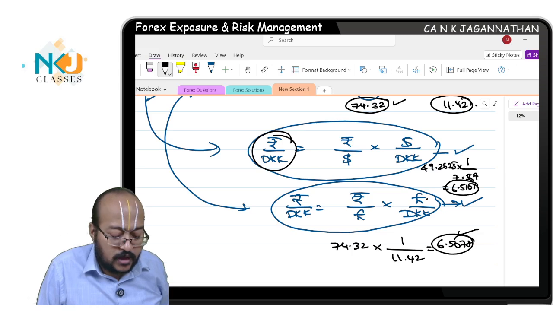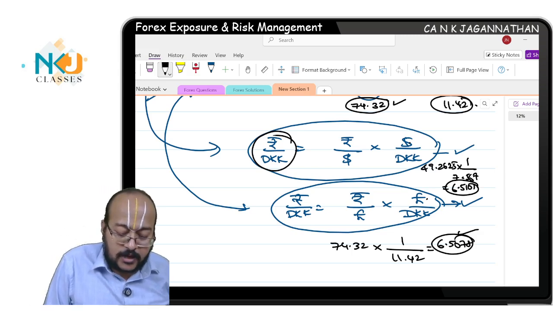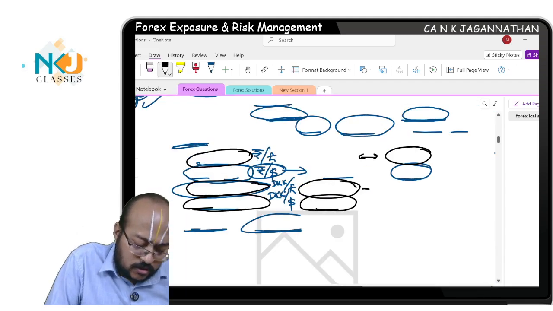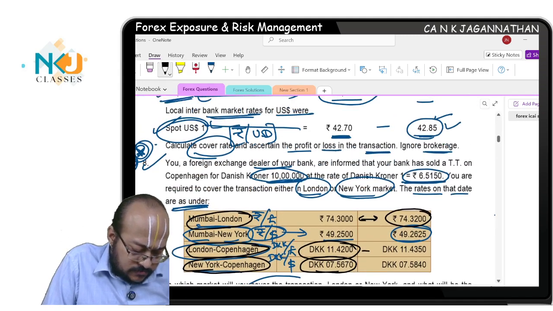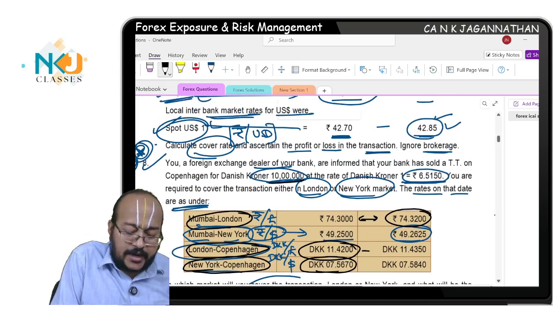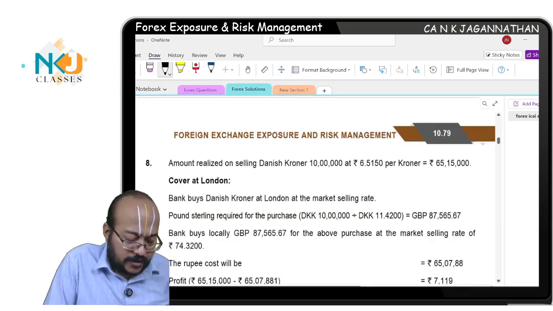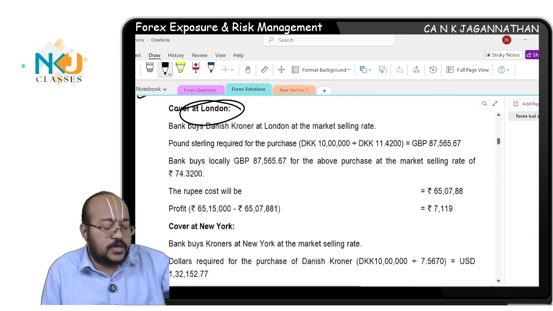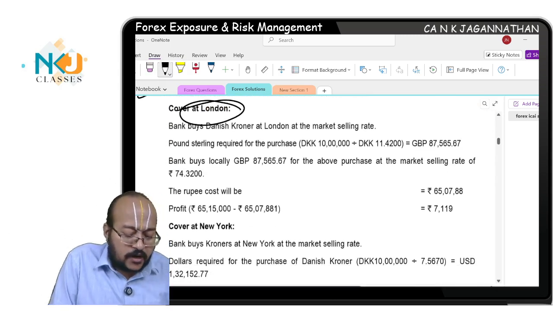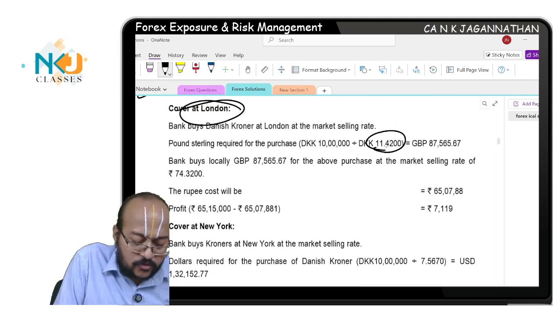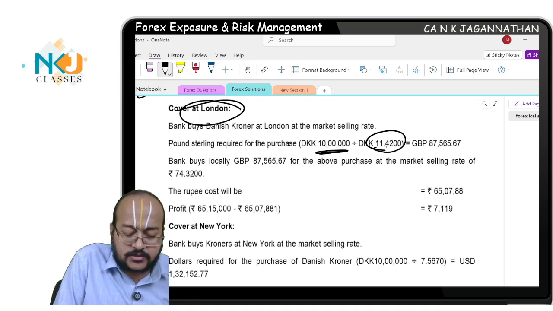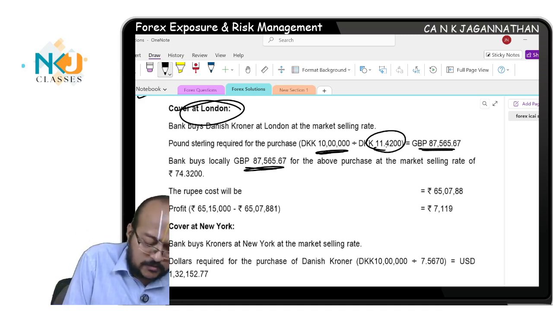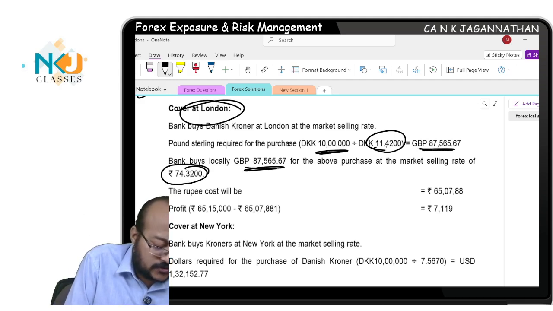So now you have both the numbers. You will apply them to the transaction amount. How much DKK? 10 lakh DKK. See, the solution is very simple. We have done option 2, covered at London; they have put it as option 1. Covered at London, they get 11.42. You convert the DKK. How much pound is required? Then buy locally GBP for the above purchase at the market selling rate of 74.32.